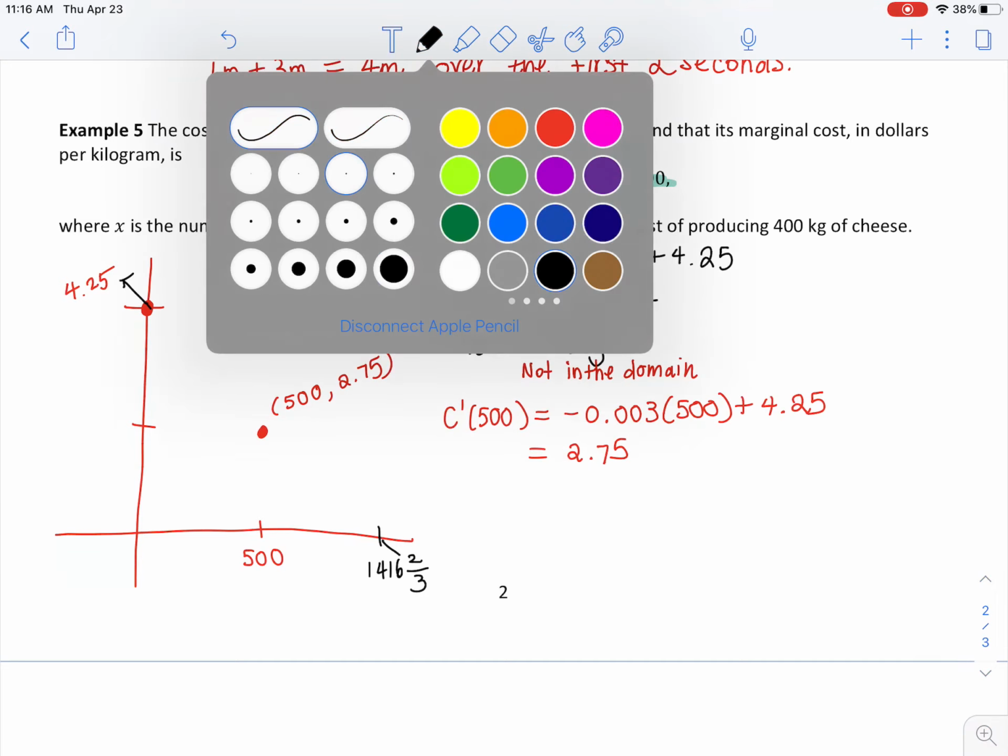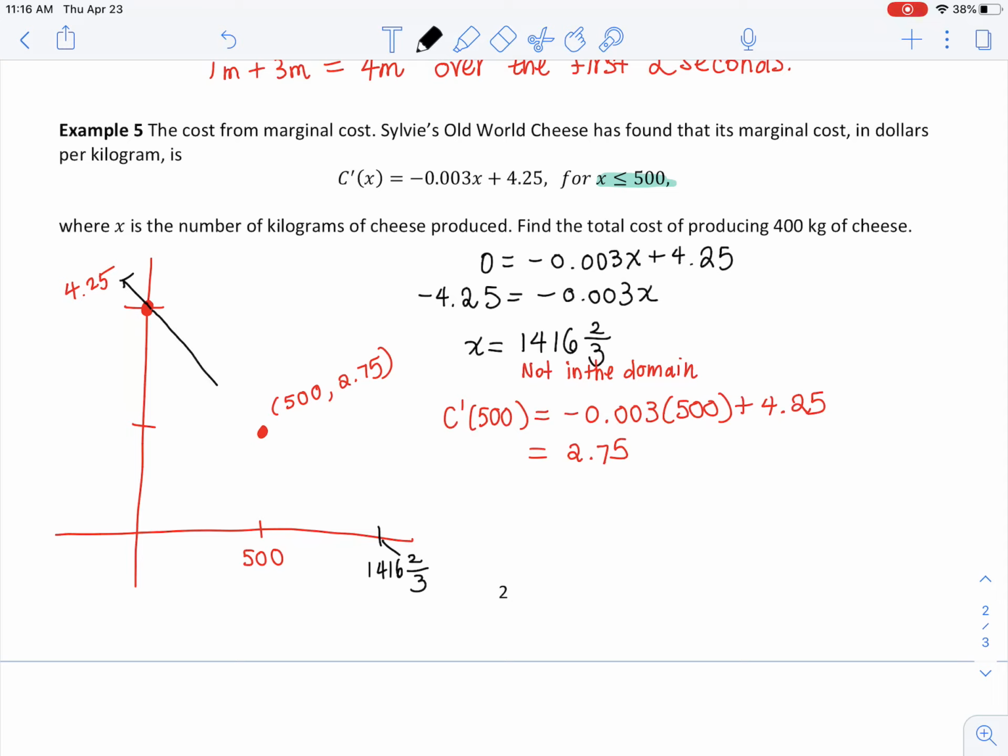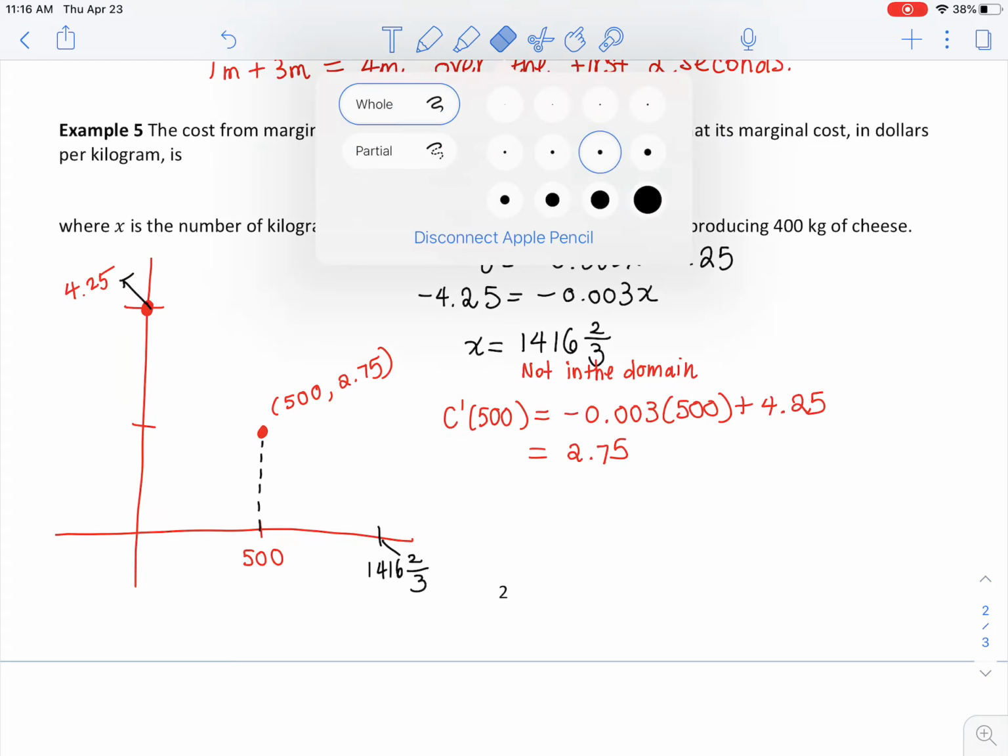Okay, that's better. So I know I have a point right here, and this point is going to be 500, comma, 2.75. And I have another one up there at 0, 4.25, right? So I don't really need this black line. I know this function is defined just over here, up to that point.